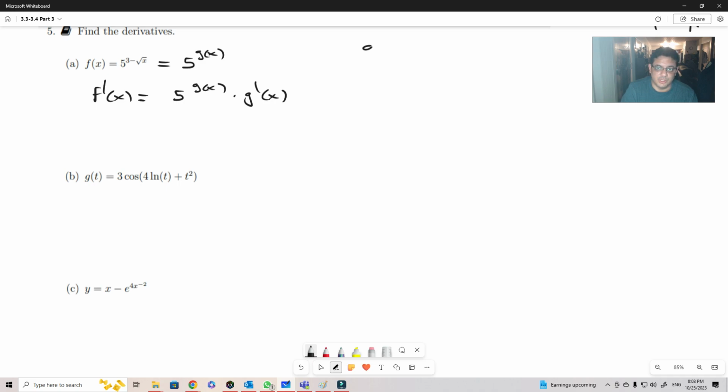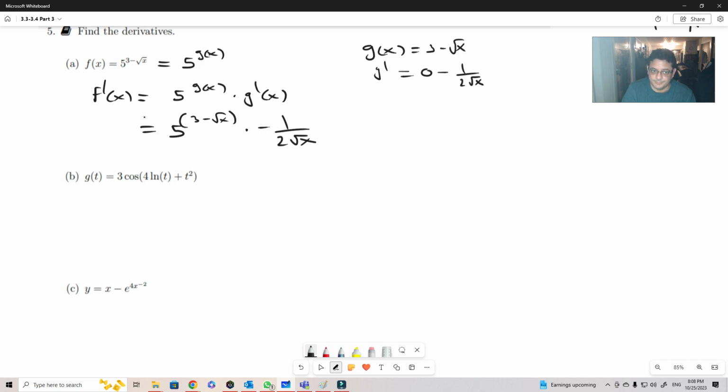But who is g? g is 3 minus the square root of x, and so g prime is going to be 0 minus 1 over 2 square root of x. And so if we replace this here, this is 5 to the 3 minus the square root of x times minus 1 over 2 square root of x. And that completes the chain rule in this scenario.